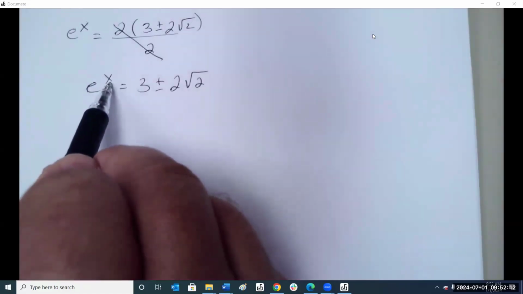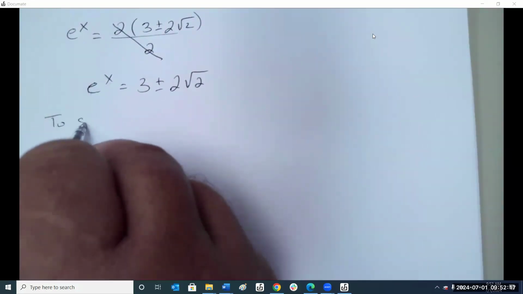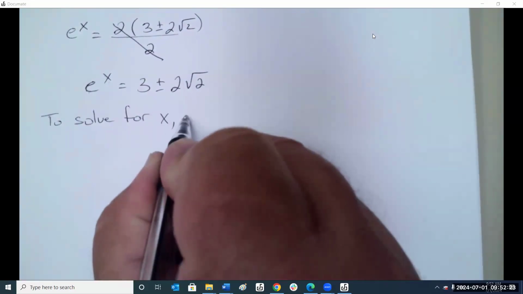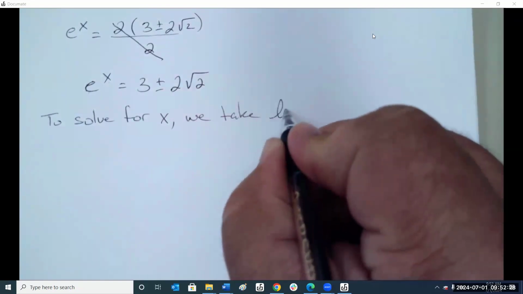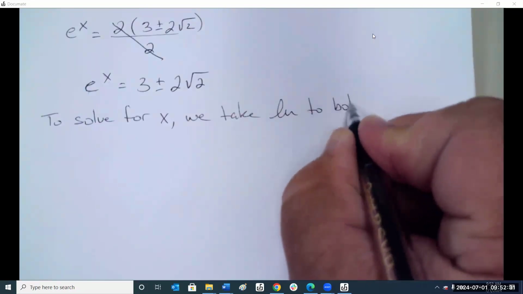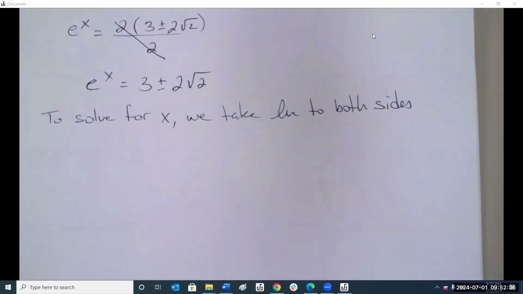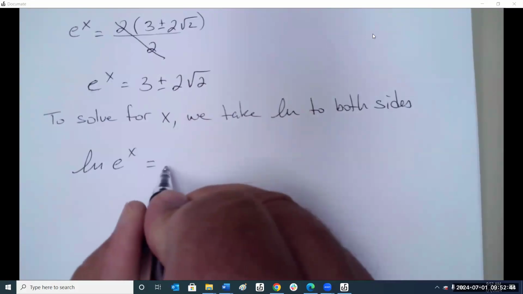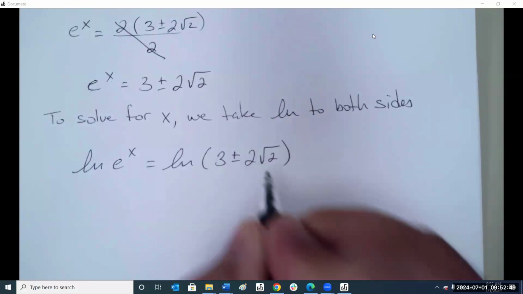Okay, now to solve for x, since we have a base e, we take ln to both sides. I'll show you how that really works in a second. So I have ln e to the power x equals ln 3 plus or minus 2 radical 2.